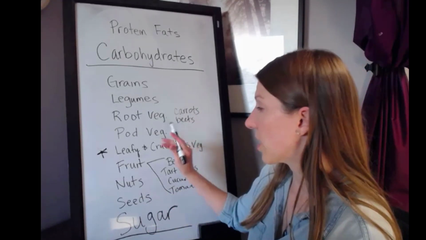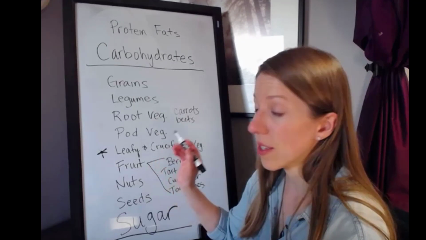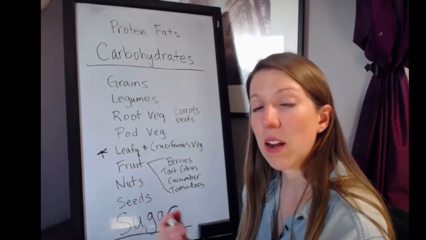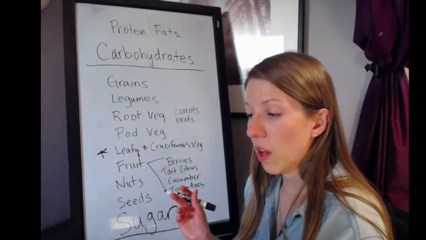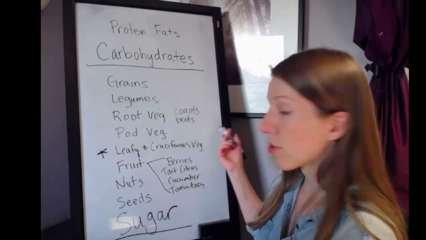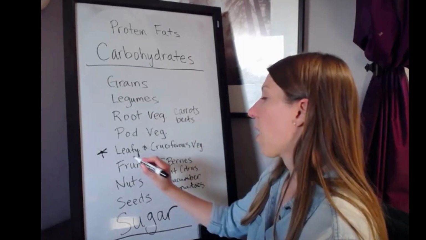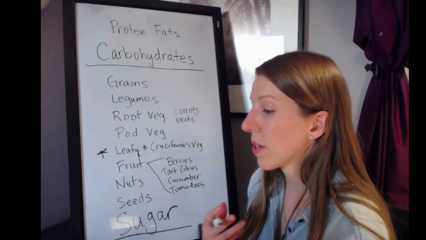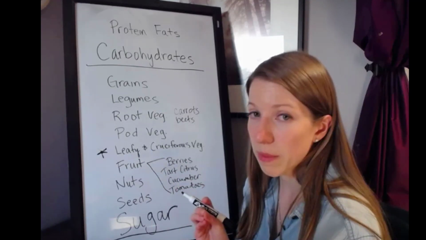Then our pod veggies, we do want to also decrease, especially initially. Afterwards, they could be a little bit more in moderation. They can be handled and tolerated. Our leafy green and cruciferous vegetables, those you can pretty much have unlimitedly.